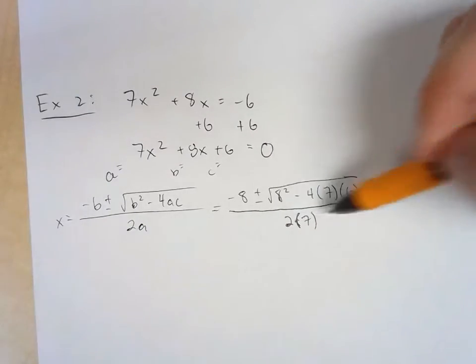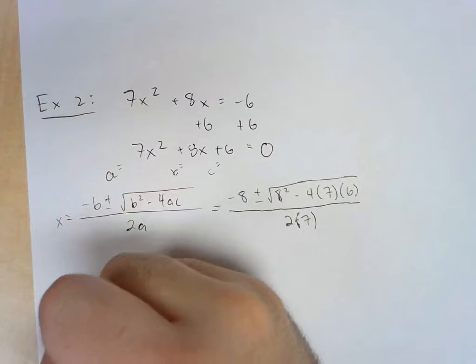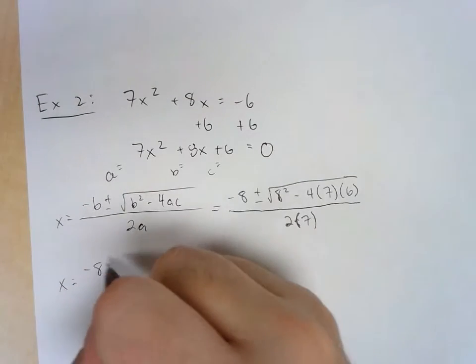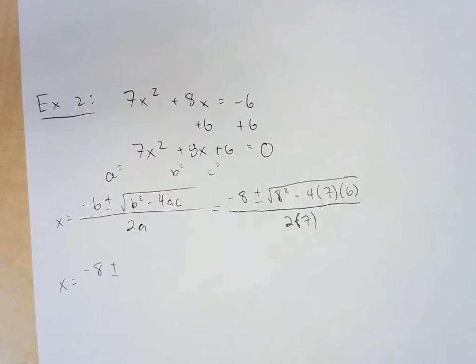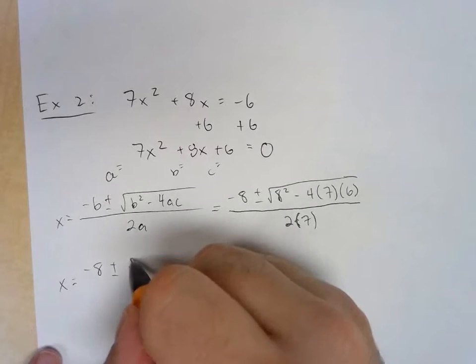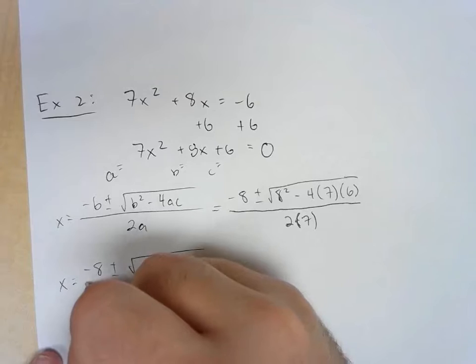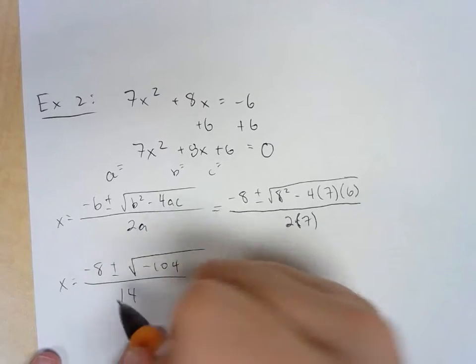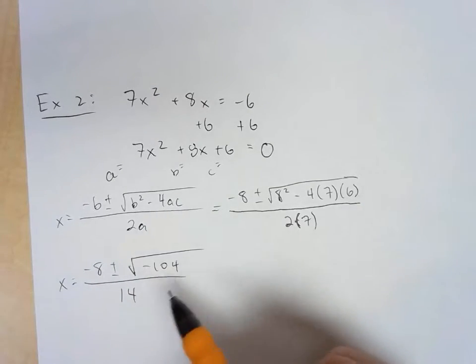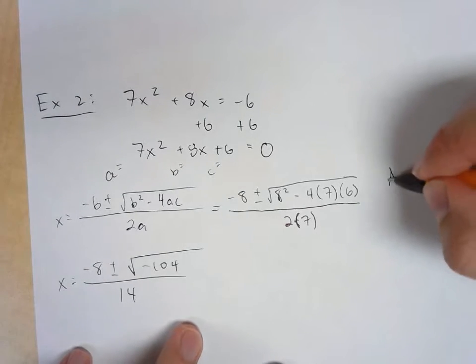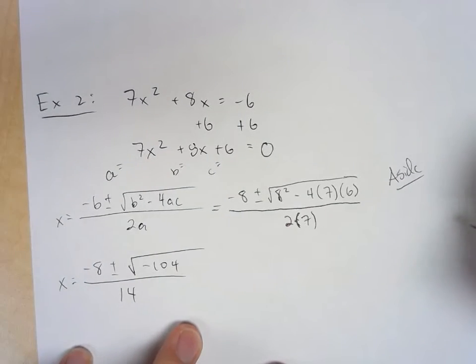Okay, so we're going to do some simplifying. We can simplify our discriminant on the inside. So x equals negative 8 plus or minus, let's see, 8 squared minus 4 times 7 times 6 gives me negative 104. All divided by 2 times 7 is 14. So then we're going to simplify this negative 104. And I'm just going to pull this out to the side over here. We'll call it an aside.